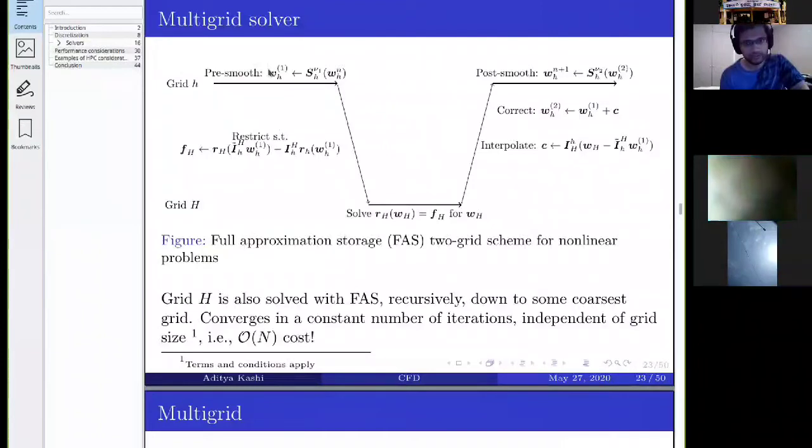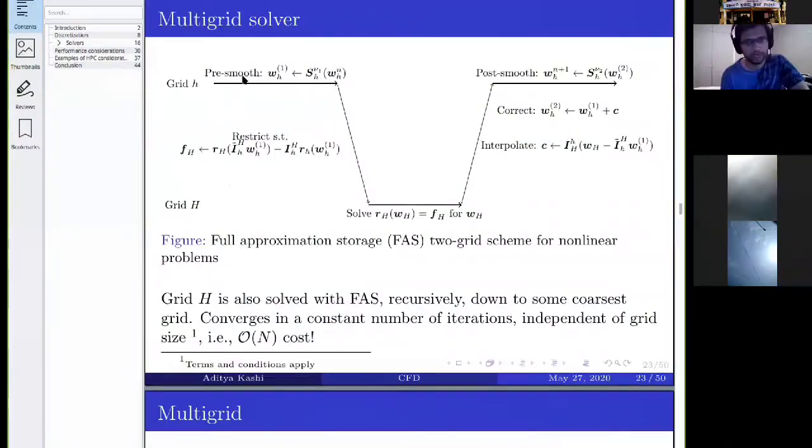And then we transfer the residual and the approximate solution that we have after smoothing. The I here denotes different intergrid transfer operators.